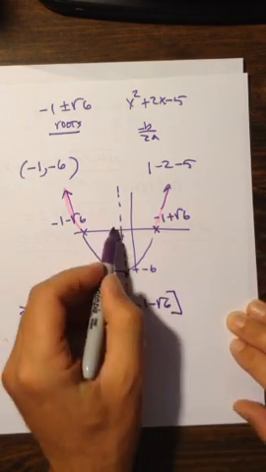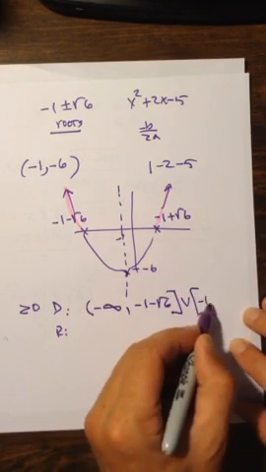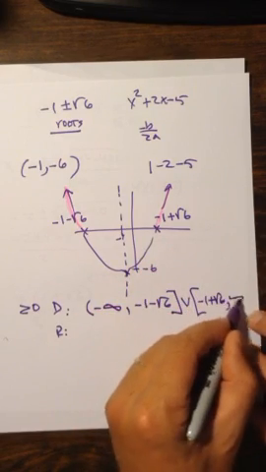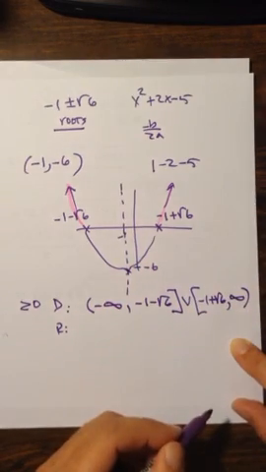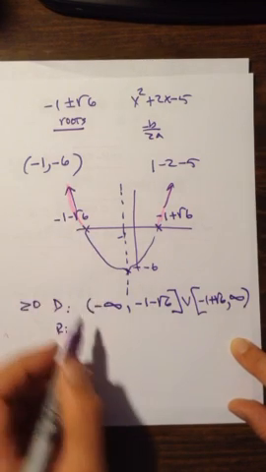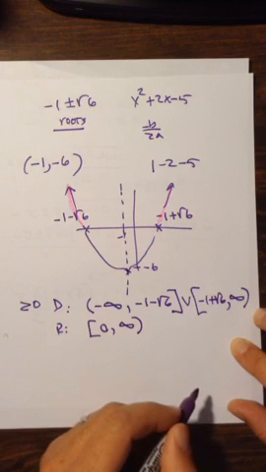Stop. Union, it starts at negative 1 plus root 6 and extends all the way to positive infinity, parenthesis. Now the range where this is greater than or equal to 0 would be a hard stop at 0, and that goes to positive infinity, which never ends.